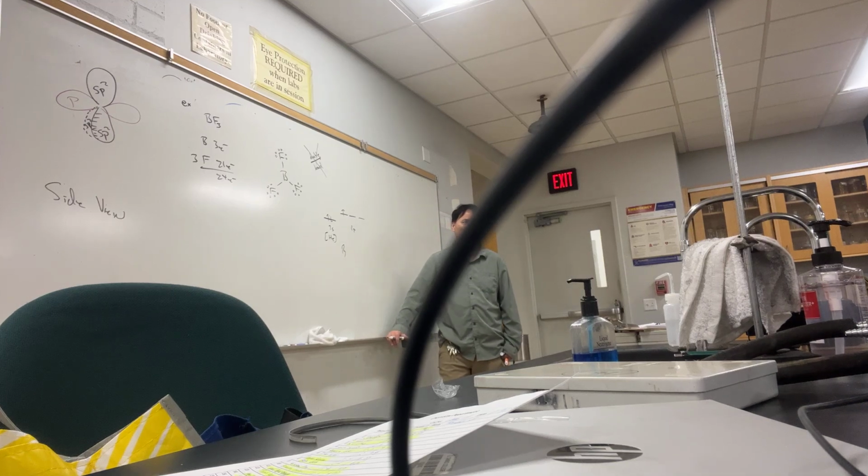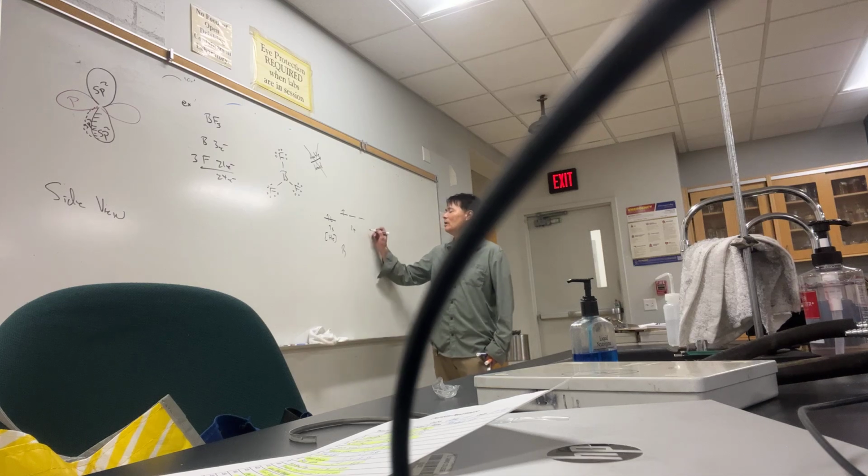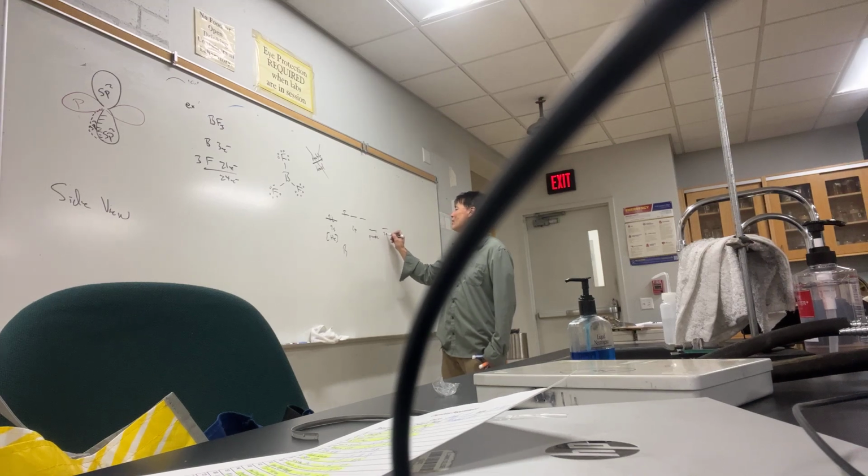However, the bond angles are going to be 90 degrees. With bond angles of 90 degrees, we get larger repulsions. And therefore, we're going to hybridize to try to minimize the repulsions. We're going to hybridize it sp2.